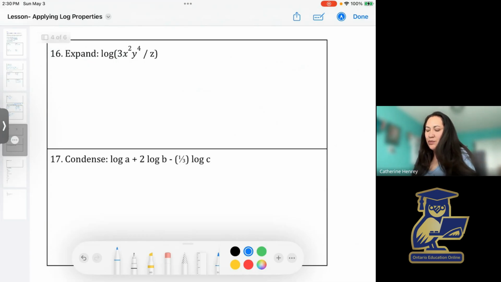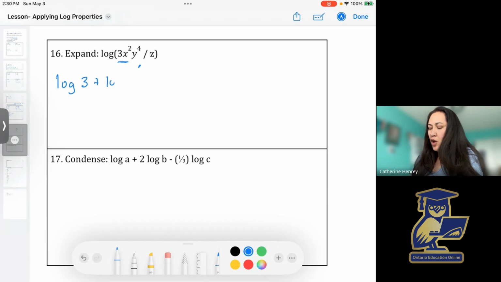All right, we're going to expand this example. And it's again a combination of product and quotient. So let's stay organized here. So this is the log of 3 plus the log of x squared plus the log of y squared minus the log of z.